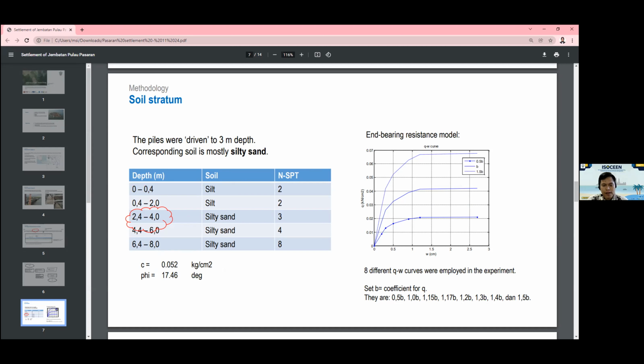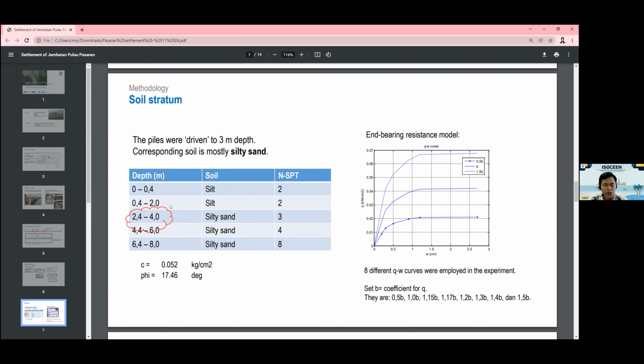Actually, most of the soil in this hole consists of silty sand with low NSPT number. The NSPT number, as we can see, is considered low.